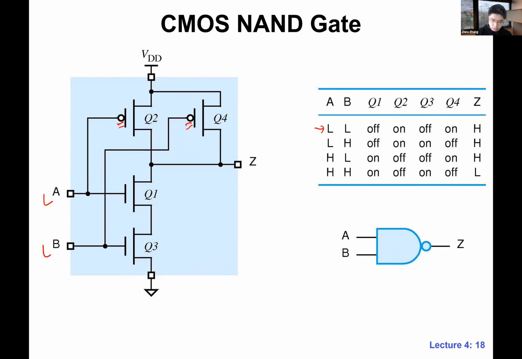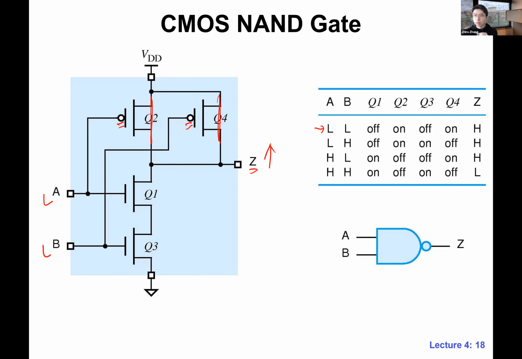We have a bubble here, which means active low. So that means this path is on, and this path is also on. Then we have a direct connected path from VDD to Z. That's where Z is going to be driven high. Make sense?